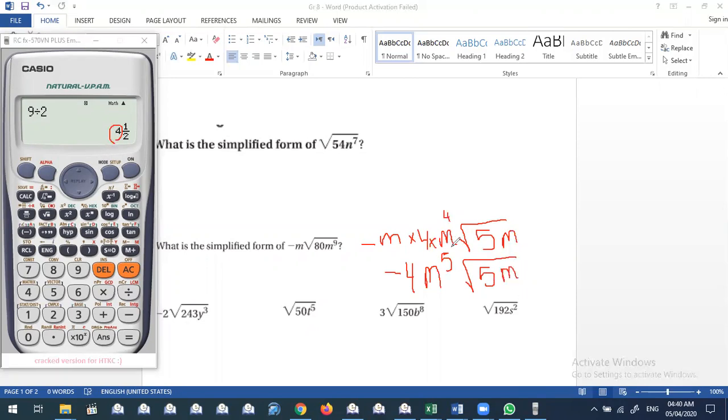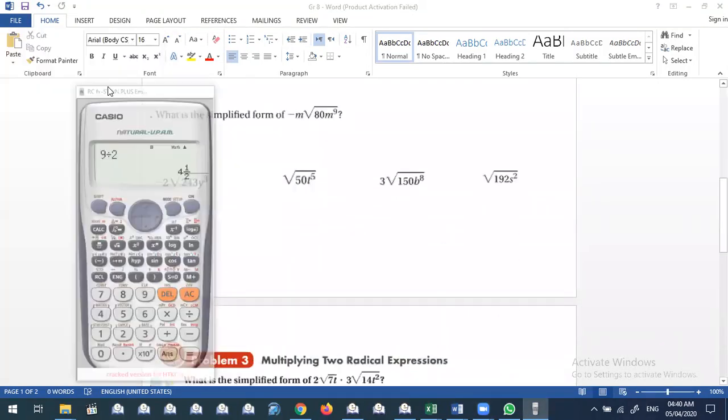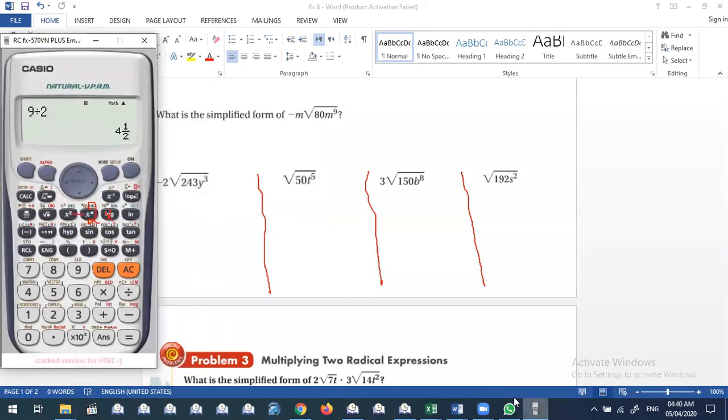Another exercise for this part. Here we have negative 2 square root 243 y power 3. Let's divide our paper like that. First, we are going to write negative 2, which is outside, times, find the square root of 243 by using the calculator.